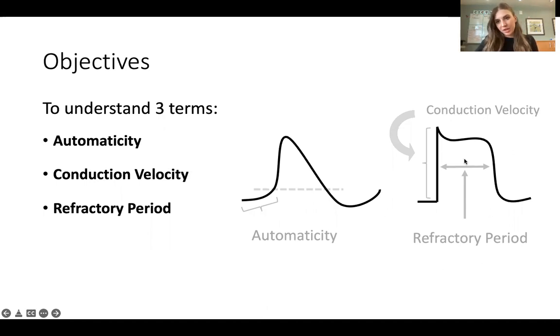Then this action potential here represents our cardiac myocyte. And this section right here, this phase 0, is called conduction velocity, basically referring to how quickly the energy flows through your cardiac myocytes. And then the refractory period is how long that action potential is lasting.